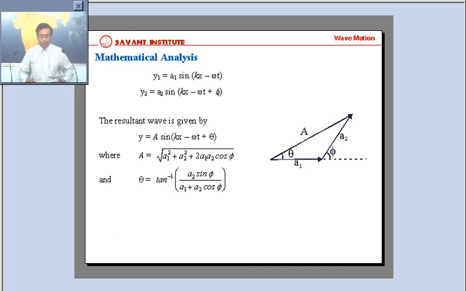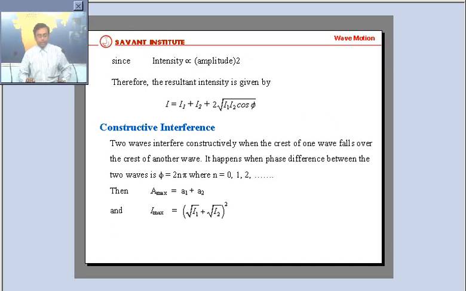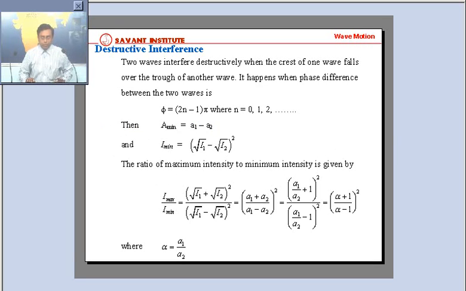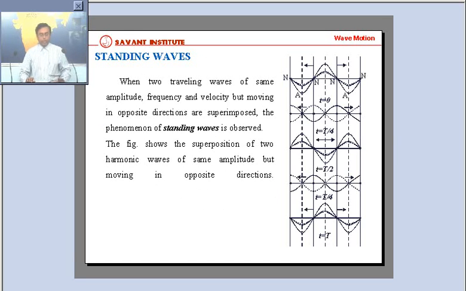Now when they mix together, they produce a resultant which has a mathematical implication, as you can see in the slide. There are two types of superposition. One is constructive, one is destructive. One in which things add up and the other in which things subtract. So all these are there mathematically, and they produce what is commonly called a standing wave.